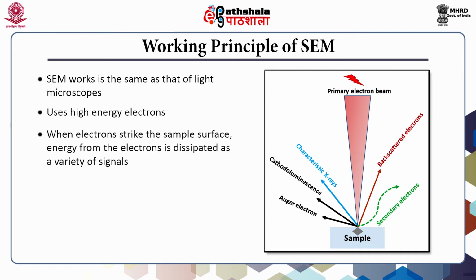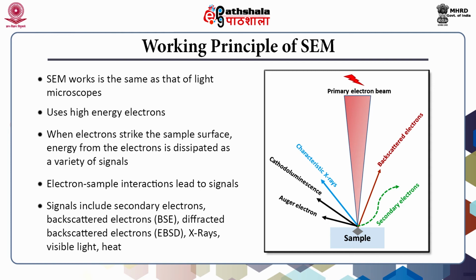When the incident electrons strike the sample surface, the energy from these electrons is dissipated as a variety of signals. The signals are generated as a result of interactions that take place between the electrons and the sample. These signals include secondary electrons, backscattered electrons, diffracted backscattered electrons, X-rays, visible light and heat.